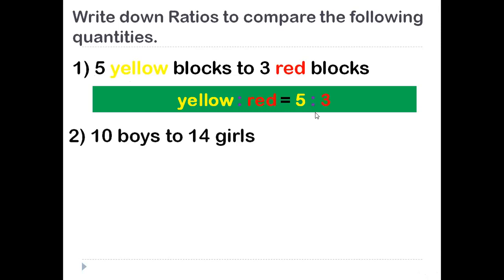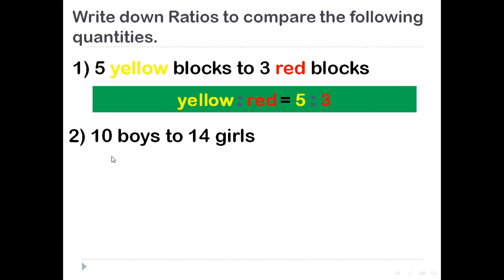Why didn't we use any other thing? It doesn't matter which way you use. You can use it with the colon, you can use it with the bar of fractions, and you can use the word "to" itself. Which one you want to use, it doesn't matter. If the question didn't mention which way, any of the three ways is totally correct.